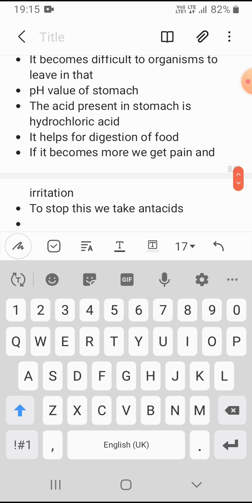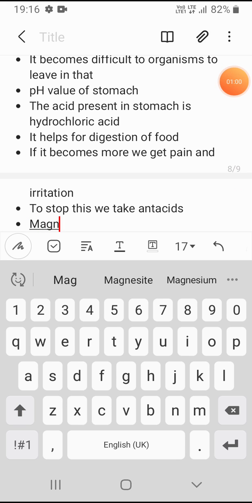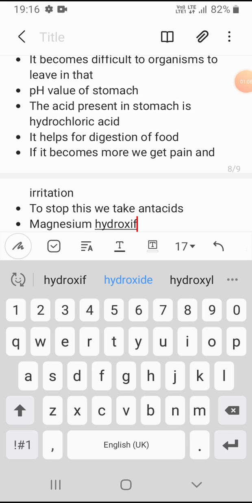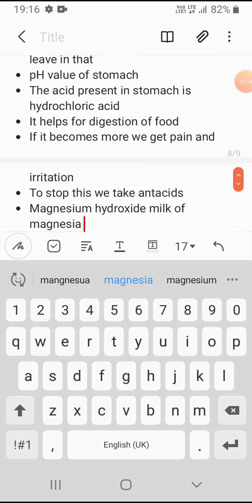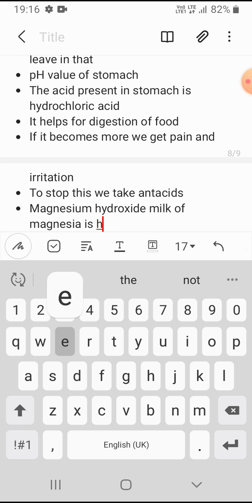As you know, when you get gastric pain, you may take magnesium hydroxide, that is called milk of magnesia. It helps to neutralize the acid.